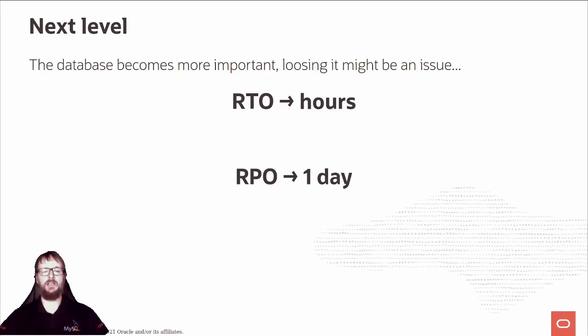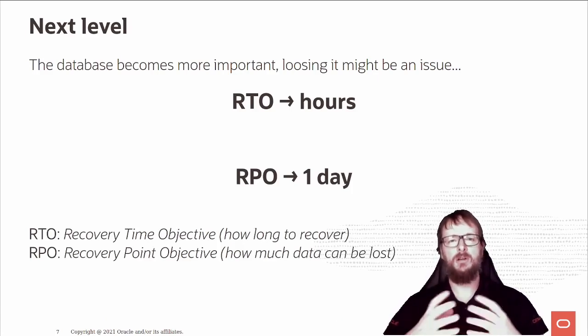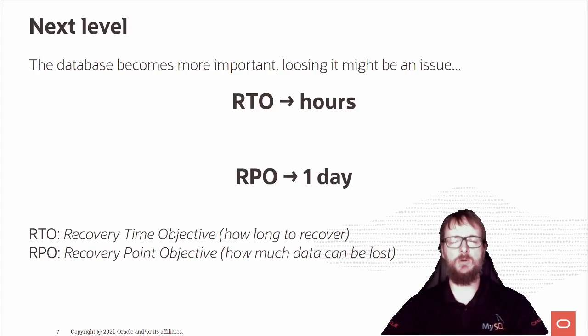What does that mean? The RTO and RPO are metrics that we use to design an architecture for our database. RTO means the recovery time objective. How long does it take to recover the service? How long does it take for the service to be up again and usable?